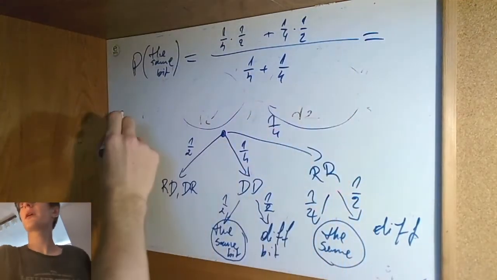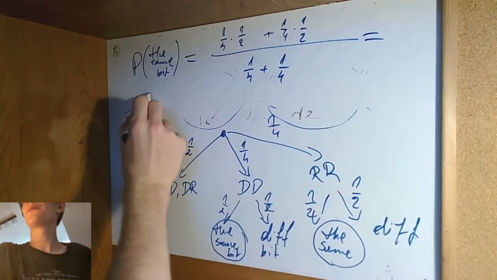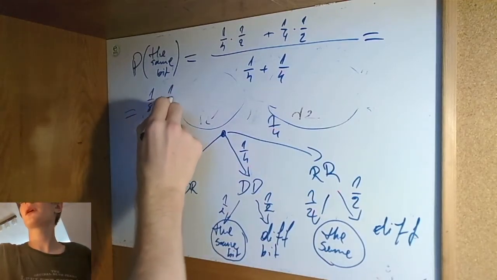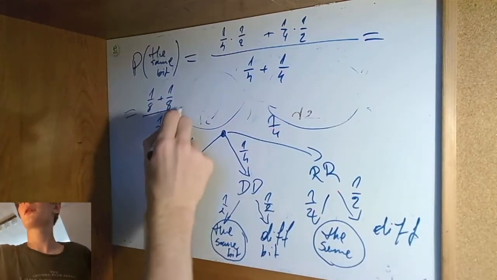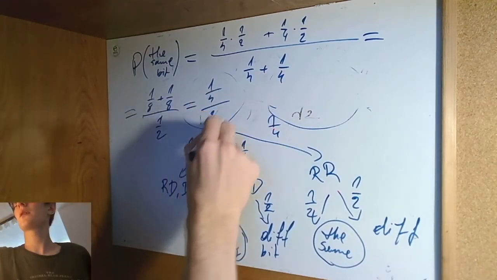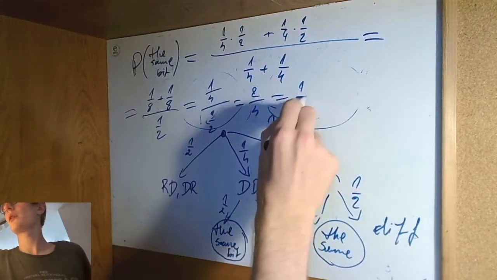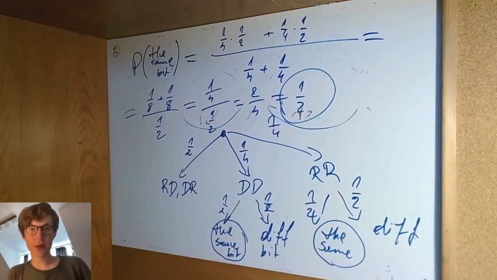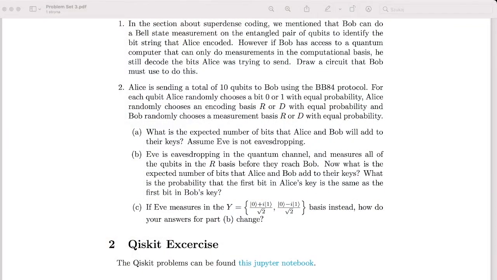This means that we have 1/8 plus 1/8 over 1/2, which means we have 1/4 over 1/2, which means 2/4, 1/2. So this time the probability is 1/2. And that was the last question from the theoretical part.